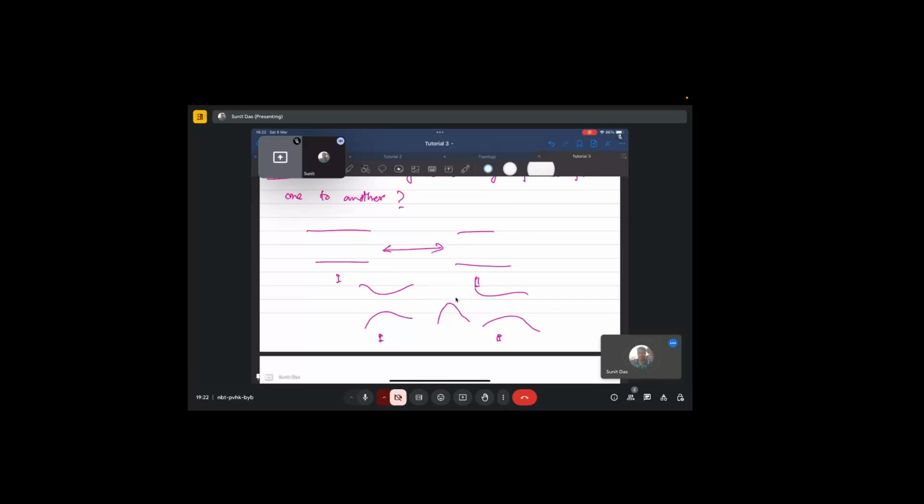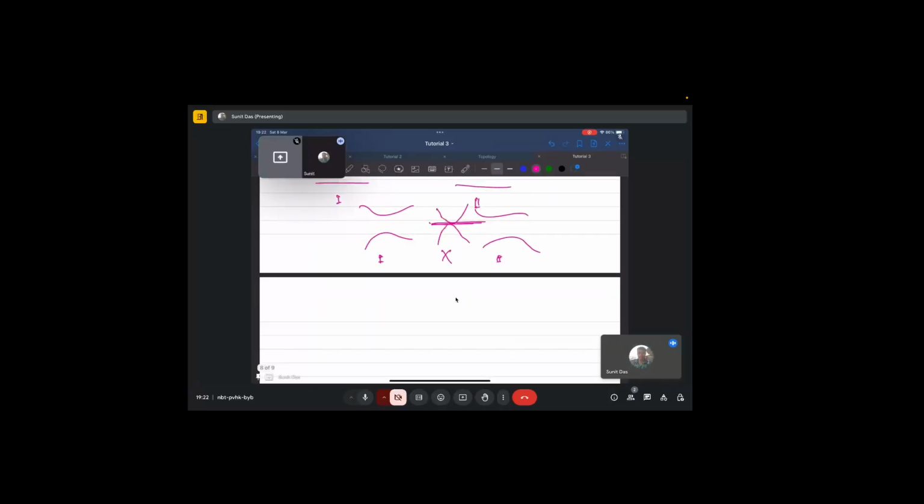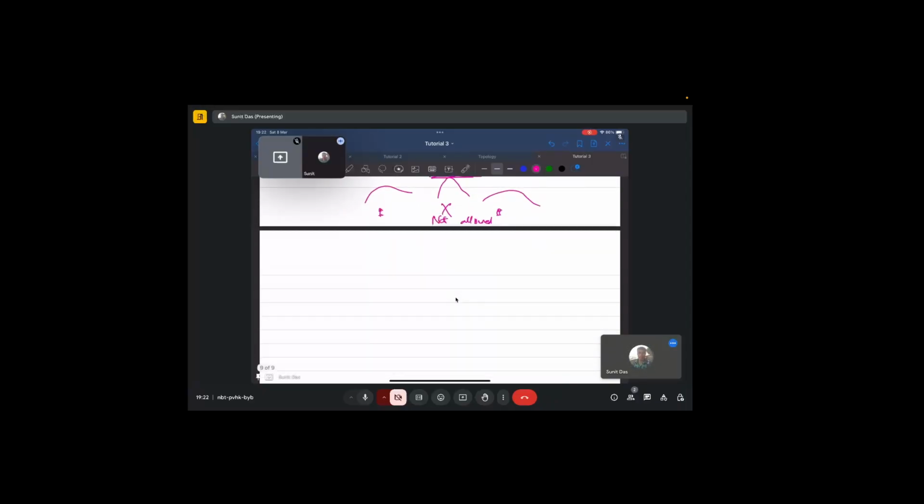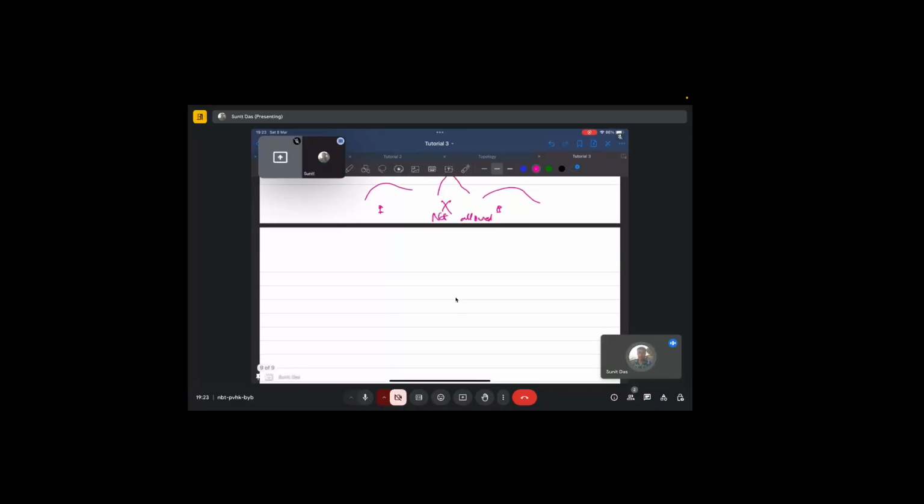Let me draw more carefully. So, this is not allowed. Okay. So, this is the gap closing point. So, this is not allowed, not allowed. Why not allowed? Because then these two states will be degenerate.